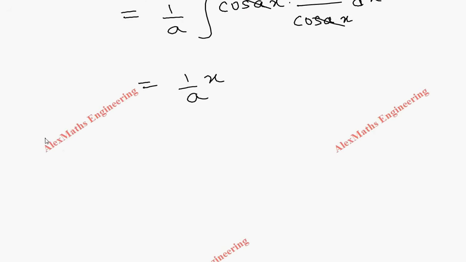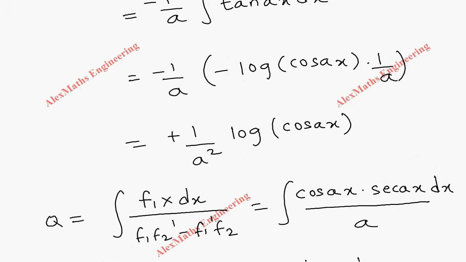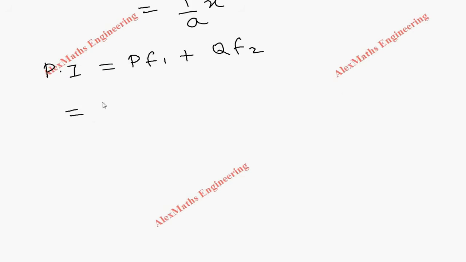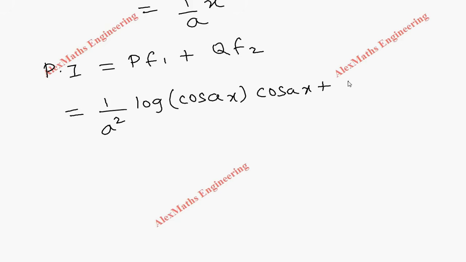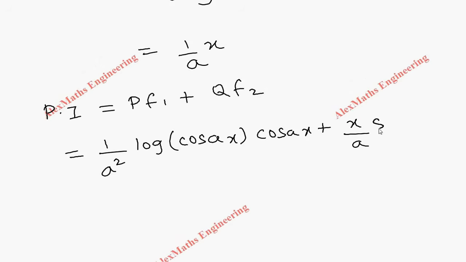Finally, our particular integral is p f1 plus q f2. So p, what we got here, is 1 by a square into log of cos ax, into f1 which is cos ax, and q is x by a, then f2 is sin ax.